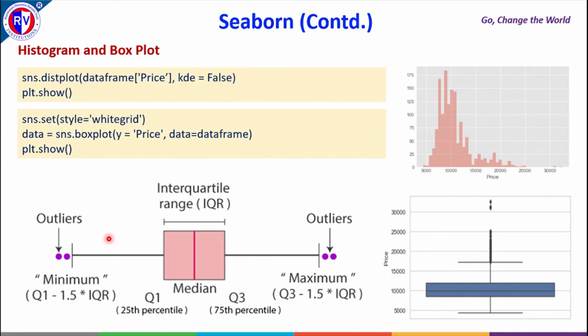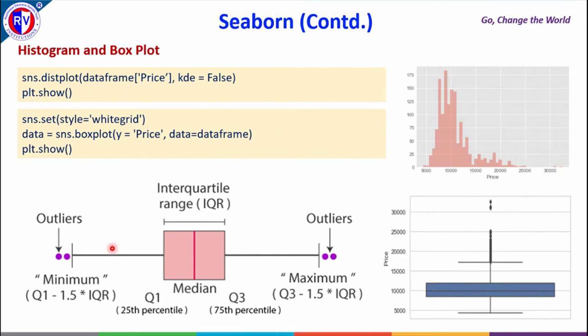You can see the leftmost vertical line indicates the minimum value of the column, and at the right we have one more vertical line which specifies the maximum value of the column, and the remaining data is given in the form of this horizontal line and the box.